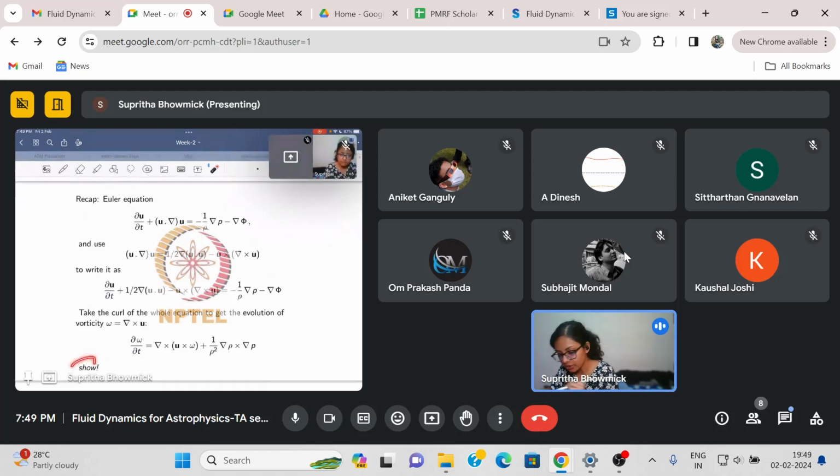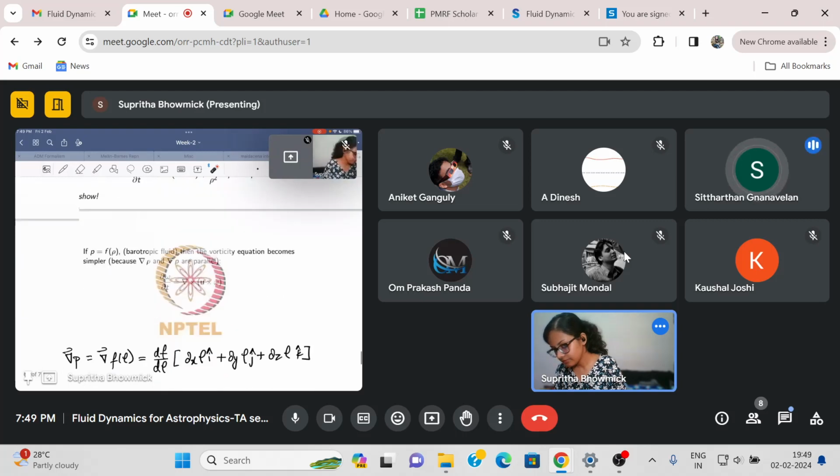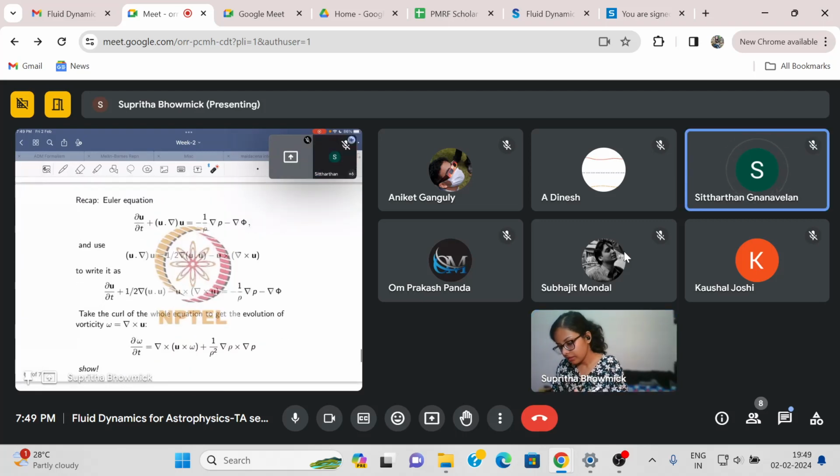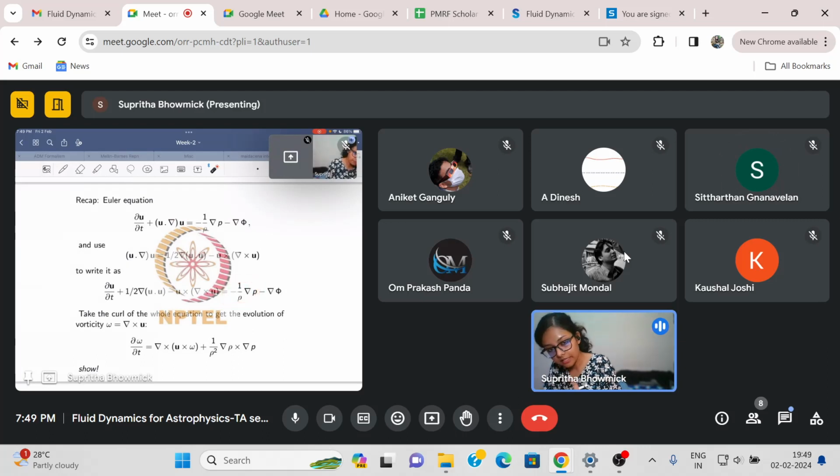So now you know how to show this. Any questions? Can you repeat the right hand side part alone? The right hand side part, so the curl will act on this full term. There are two terms. One is this, second one is this. Product rule.